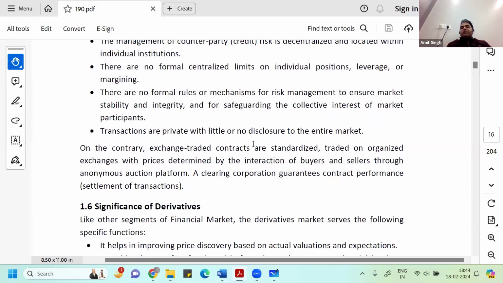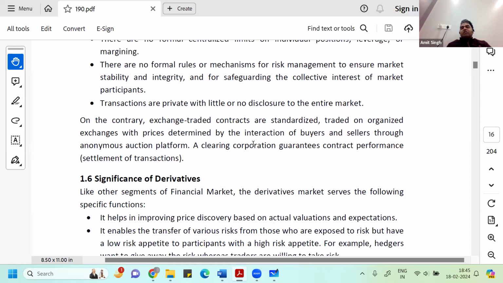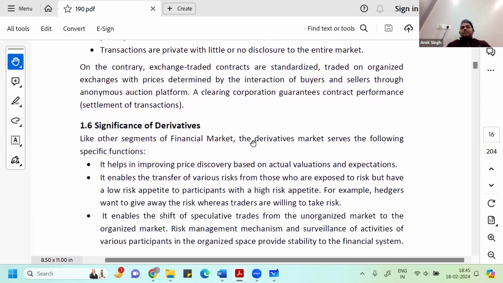While exchange-traded contracts are standardized and traded on an organized market, with interaction between buyer and seller through an auction platform, participants there participate without worrying about counterparty risk. I already explained a lot about this. A clearing corporation guarantees the contract performance and settlement of the transaction.